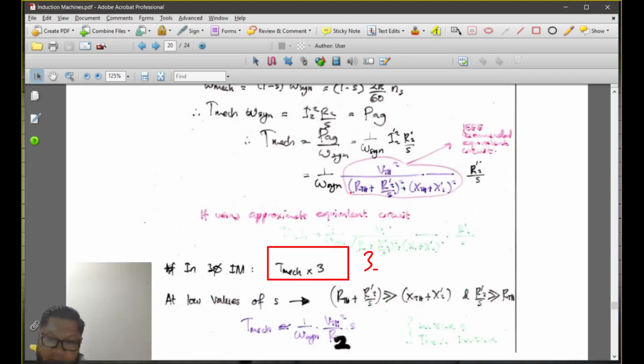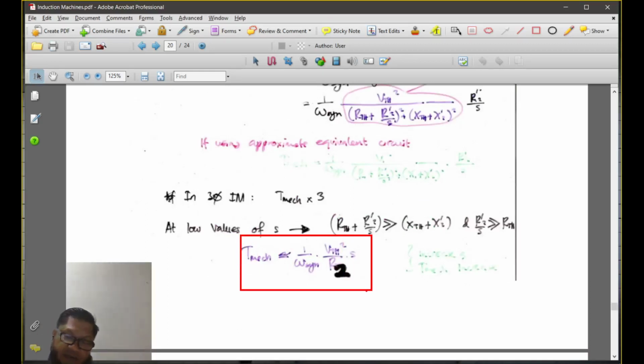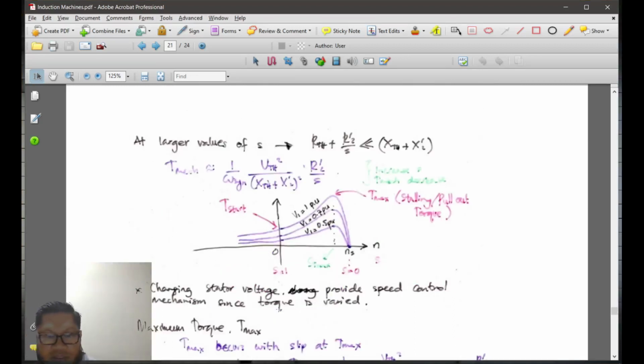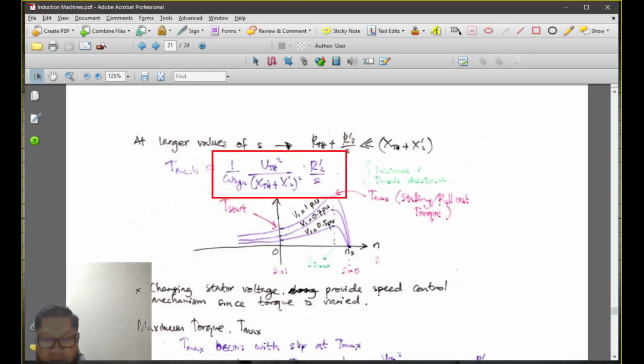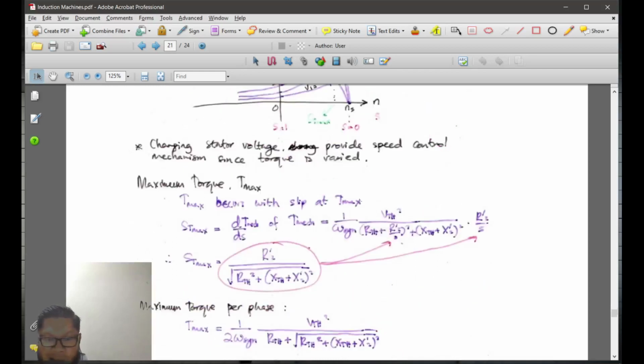You can read further on how you can approximate Tmax equals 1 over omega s times VTH squared over R2 over S. Okay, this is again an approximation, and this is how you get that estimate.